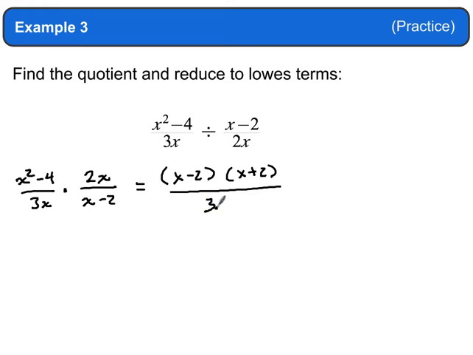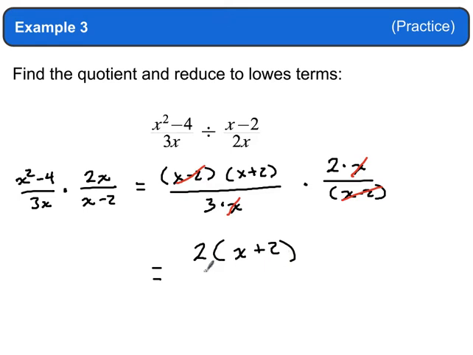This is 3 times x. Let's write that a little bit nicer. 3 times x. We multiply that by 2 times x over x minus 2. So this one and this one cancel, and these x's here cancel. So my final answer is 2 times x plus 2 over 3.